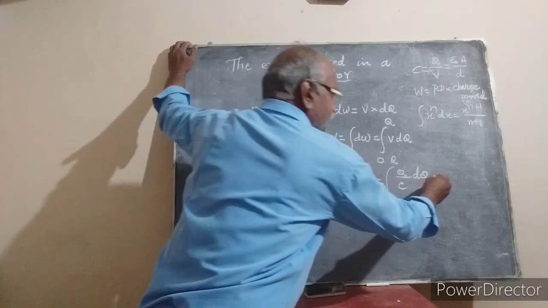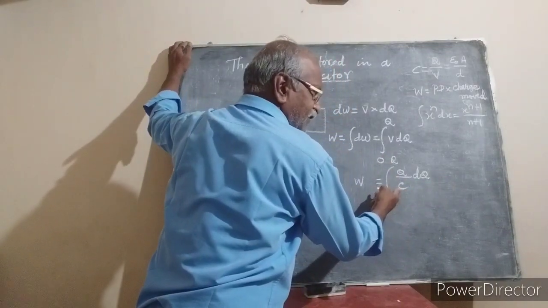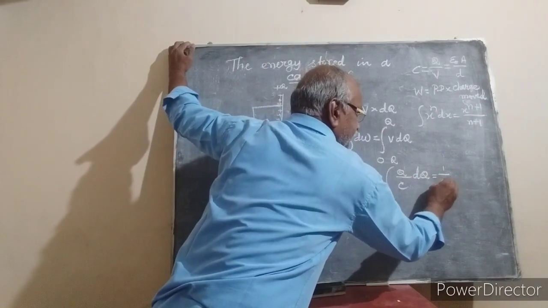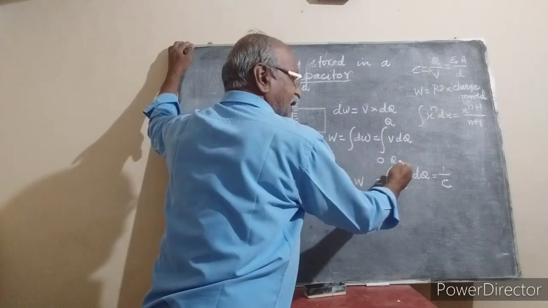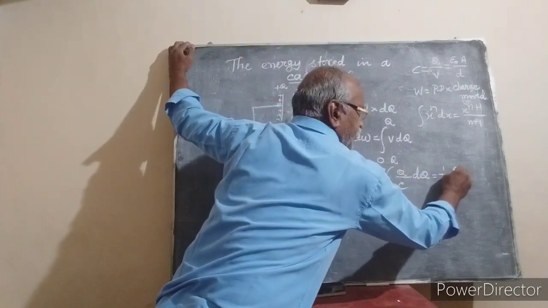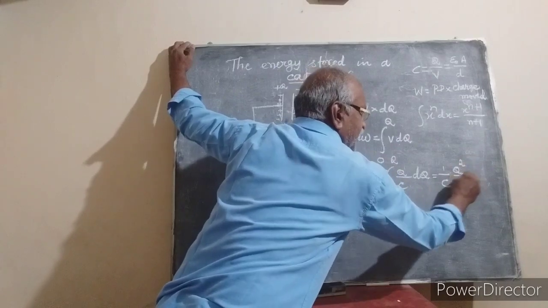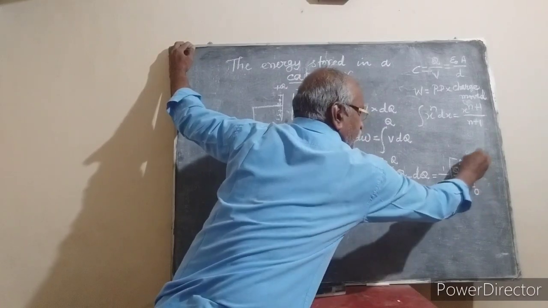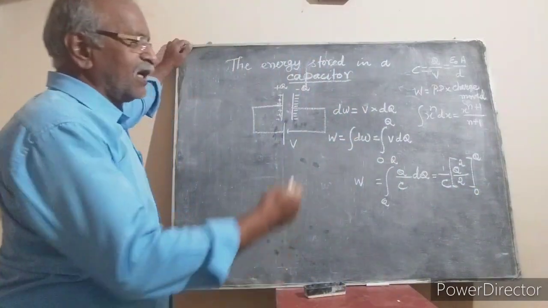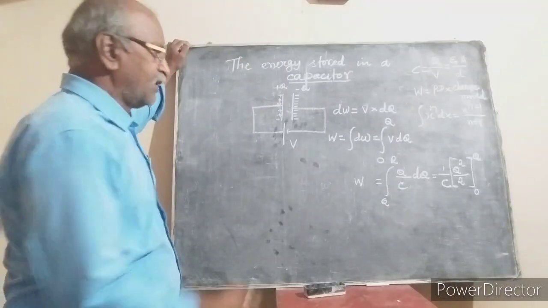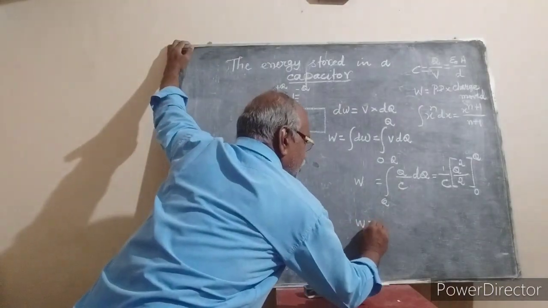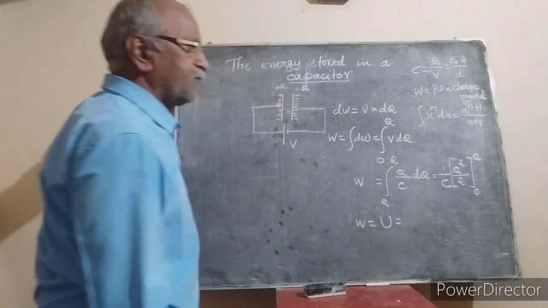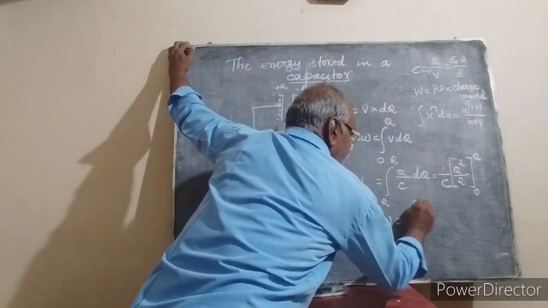So after integral this becomes, say C is a constant, C does not vary, only Q is variable, so C may be taken outside, so 1 by C into Q power, already there is 1, so Q power becomes 1 plus 1, 2, divided by the new power 2 with the limits 0 to Q. After applying the limits, lower limit being 0, upper limit being Q itself, so the total work done, which is equal to the energy stored in the capacitor U, becomes equal to Q square by 2C.